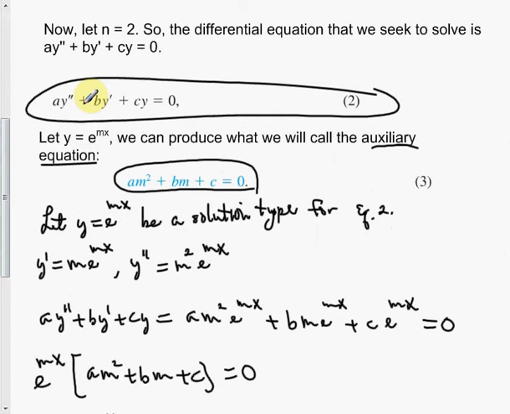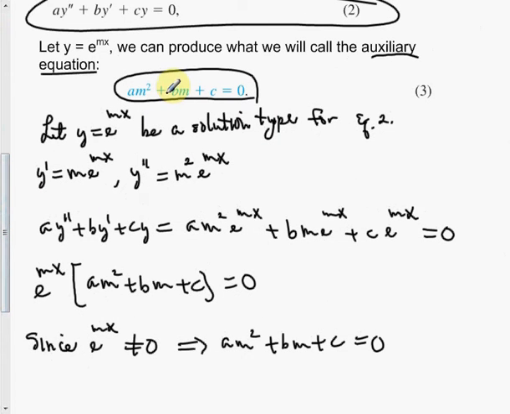It's an auxiliary equation. I have to remind the church that you are an auxiliary. You don't run the church. You're just the homecoming committee. You're an auxiliary. Right? So the auxiliary equation will help us to solve number 2.